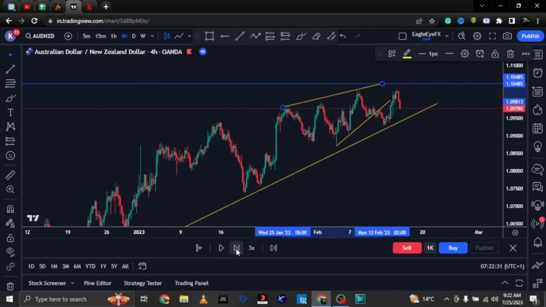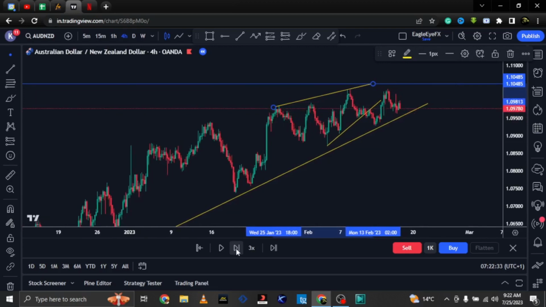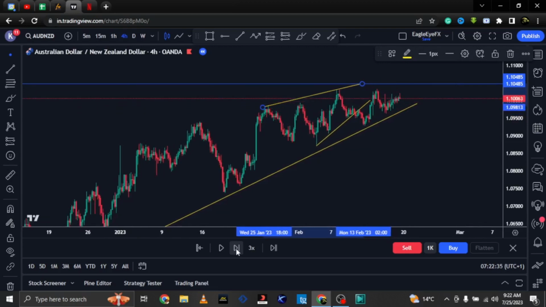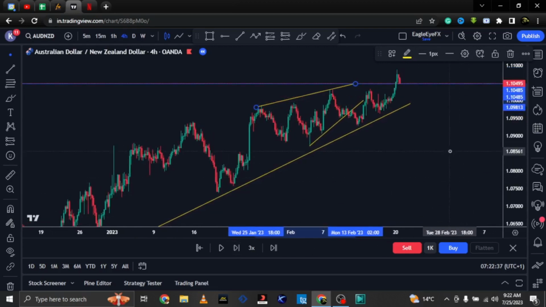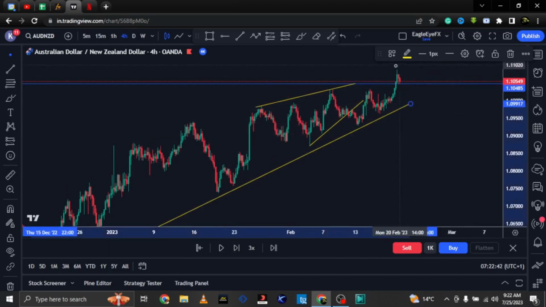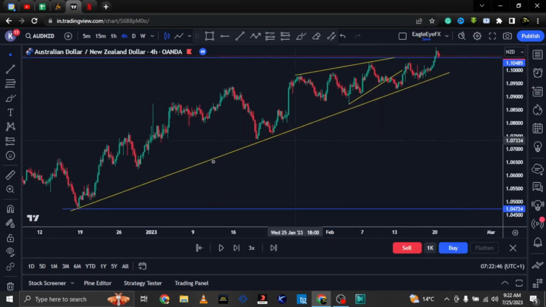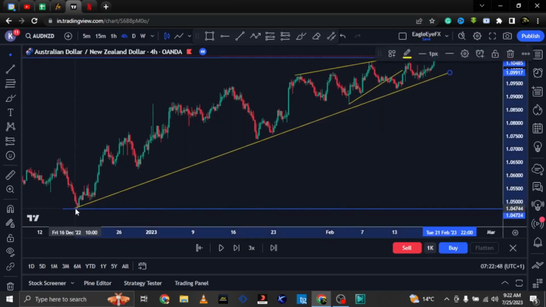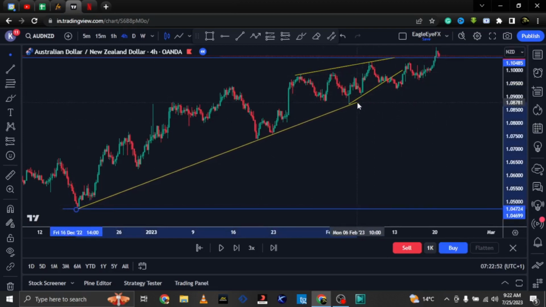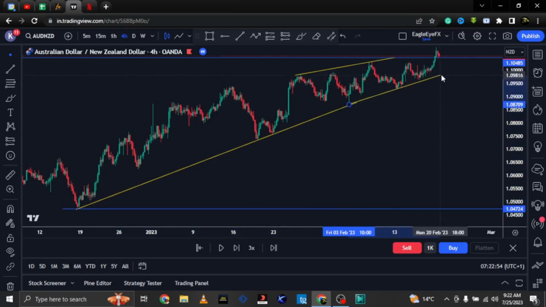Yeah, you see. Did it come all the way? Let's see if it came all the way. Yeah, very good. It came all the way to that level. So what you can do is make sure you draw your lines properly. So we take that one back over there.